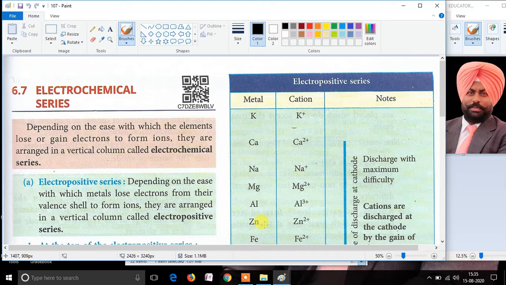And in today's video, we are going to start with the topic known as electrochemical series. Electrochemical series is a series which is prepared depending on the ease with which the elements lose or gain the electrons to form the ions.